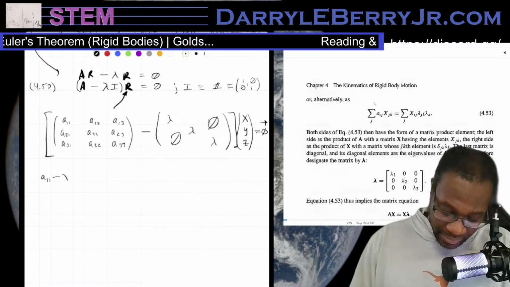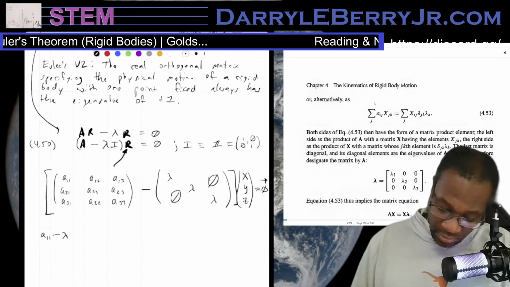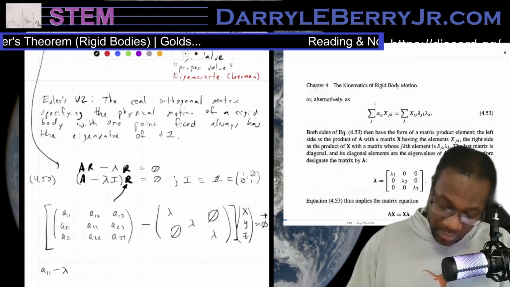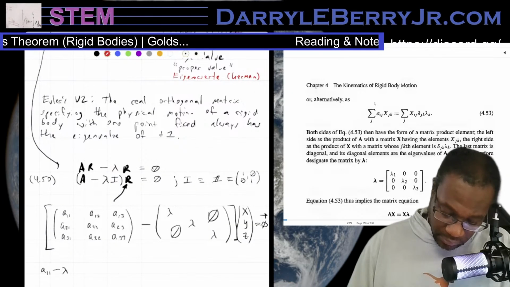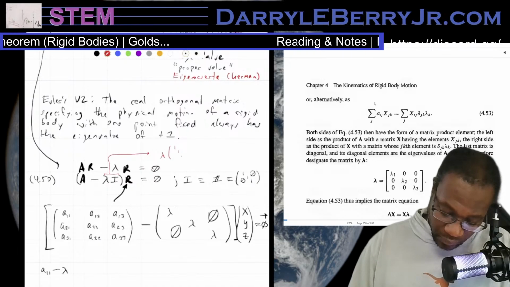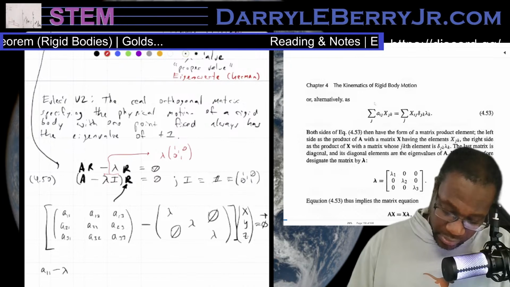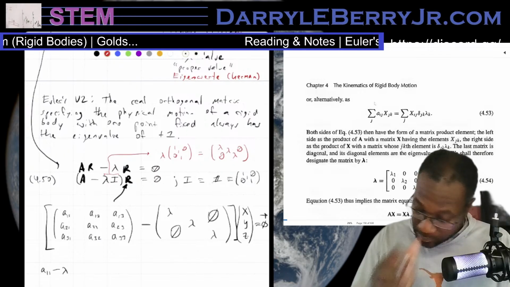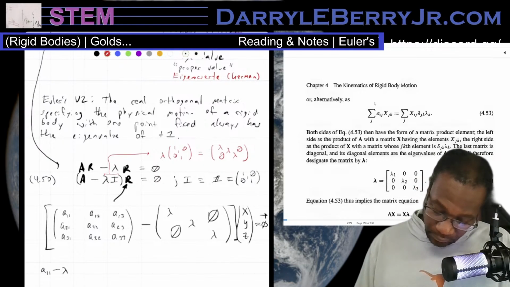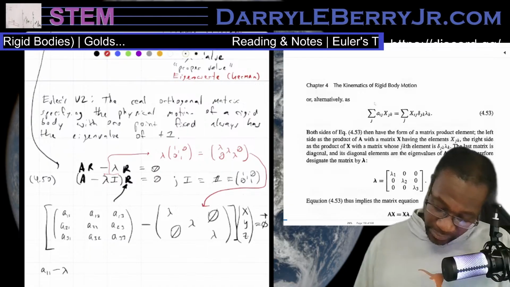So we have a minus lambda. Let me draw this out. This is lambda times 1, 1, 1 with zeros everywhere else, so you get lambda, lambda, lambda with zeros everywhere else.